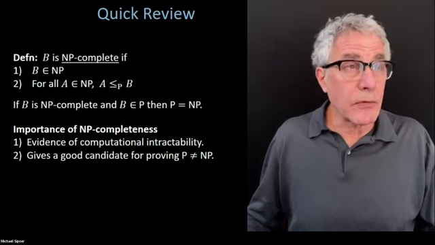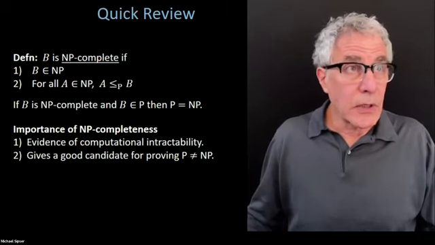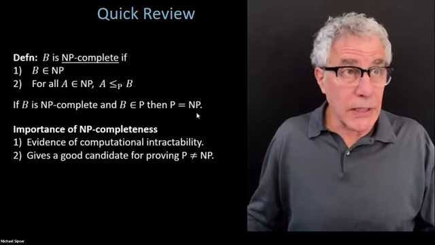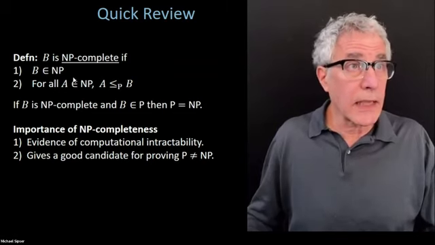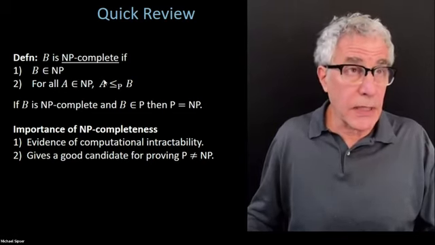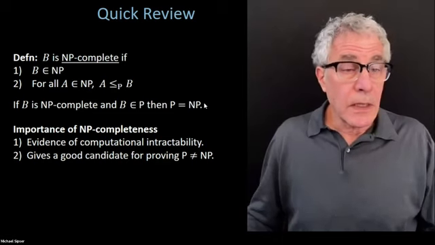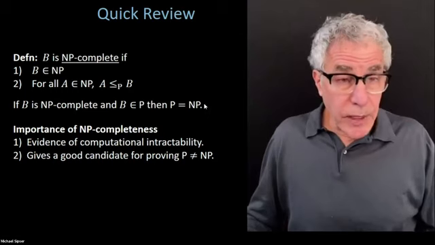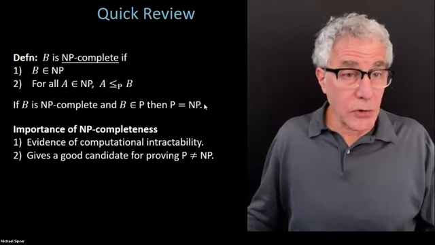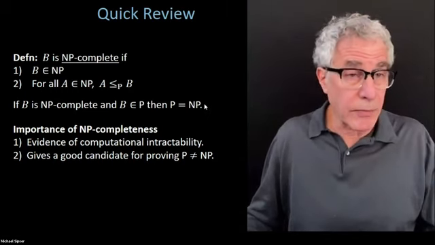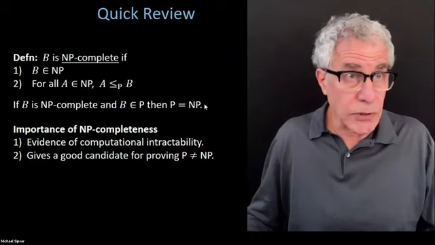So just to remember, we had this notion of NP completeness. A language is NP-complete if it's in NP, and everything else in NP is polynomial time reducible to it. And if an NP-complete problem turns out to have a polynomial time solution, then every NP problem has a polynomial time solution.